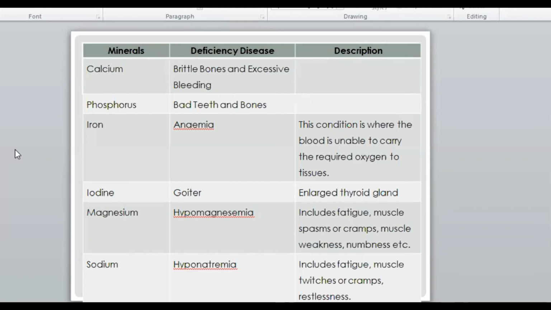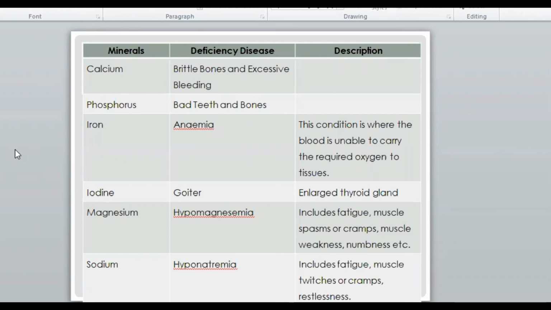In the case of calcium, if you have a shortage of it, your bones are going to become very brittle, meaning they're going to become very soft. They can be broken very easily. They're going to be very weak. In the case of phosphorus, again, your teeth can be very weak, your bones as well. So the same condition actually applies to both of those minerals, calcium and phosphorus.